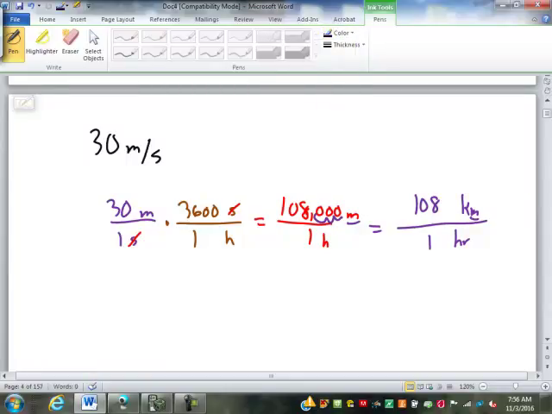So the question is, is 108 kilometers per hour fast? Well, we don't really know. Let's convert it into miles per hour. Don't need to change the hours. We just need to change the kilometers. 1 kilometer is approximately 0.6 miles.